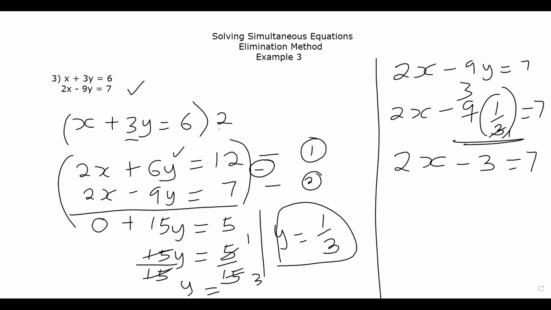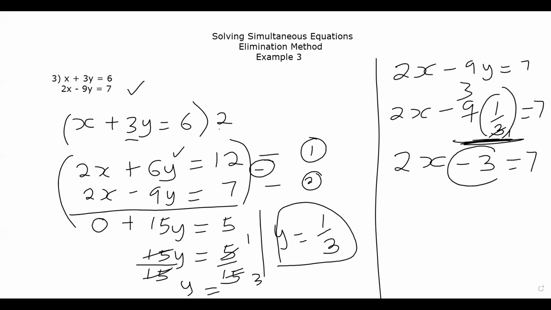You can prove this using your calculator: when you multiply 9 by 1 over 3, you get exactly 3, and the negative is the negative we have here. Anyway, let's continue. So we have 2x minus 3 equals 7.